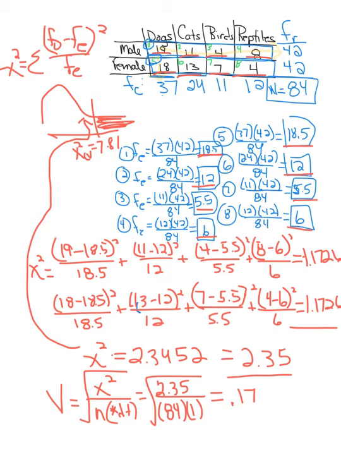So we can write our test results. I'm just taking a little note of my obtained test statistic, which is 2.35, and my Cramer's V, which is 0.17, and then we can go ahead and write, bear with me.